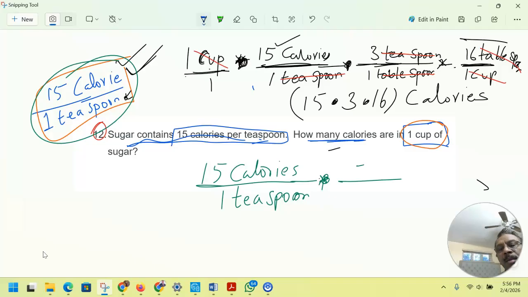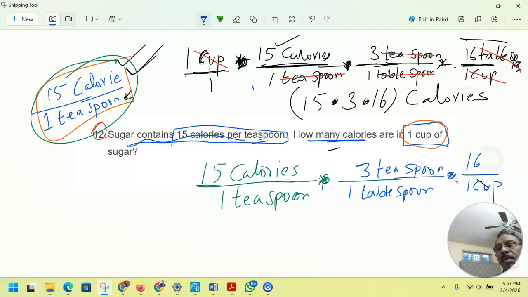So I'm going to write 1 tablespoon is 3 teaspoons. And then multiply, 1 cup is 16 tablespoons. See, so this also is correct.